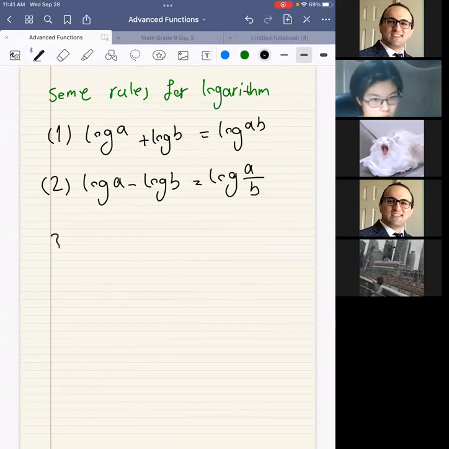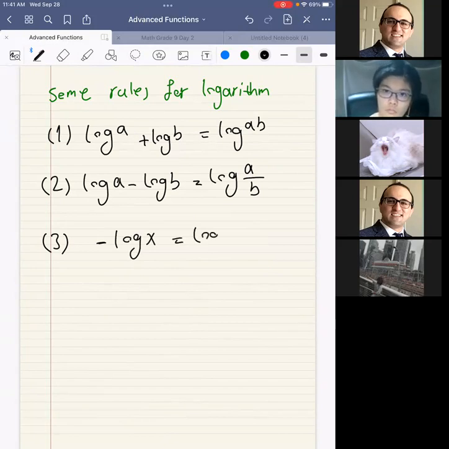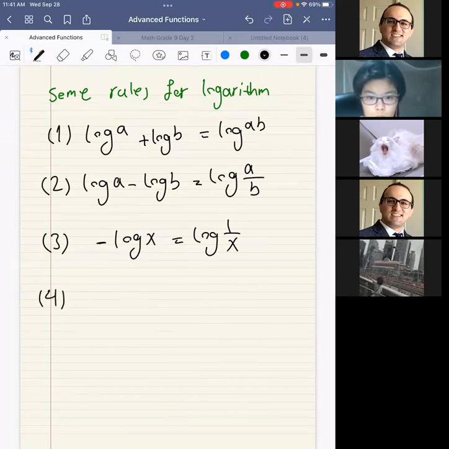So in particular, minus log of x is equal to log of 1 over x. And another important rule is when you multiply a log by some number r, r times log x is equal to log of x to the power r.